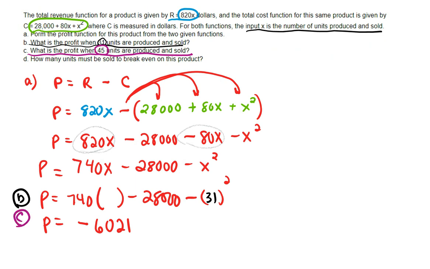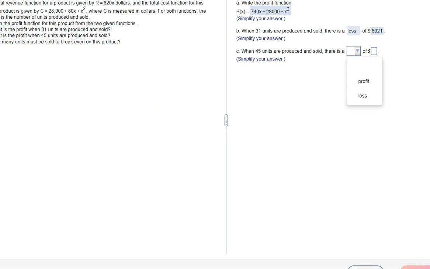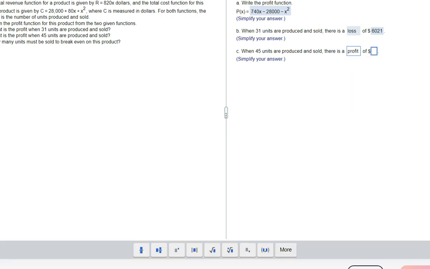I would do this exact same function except stick in 45 here. And then I get a totally different answer. I get 3,275. And that's positive, so you would say a profit of 3,275. And bam.